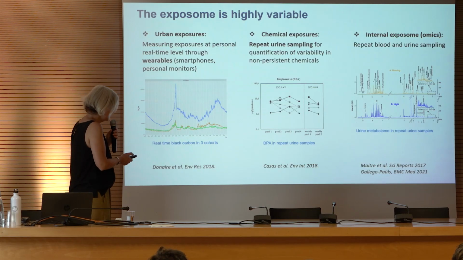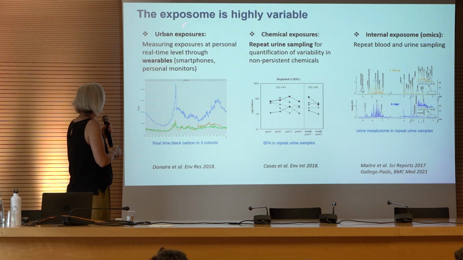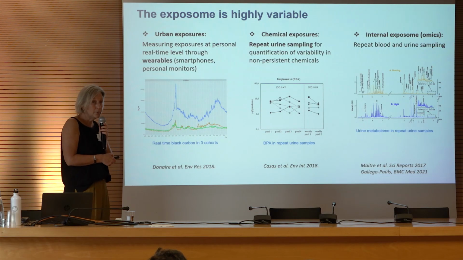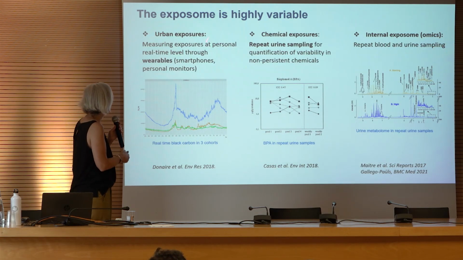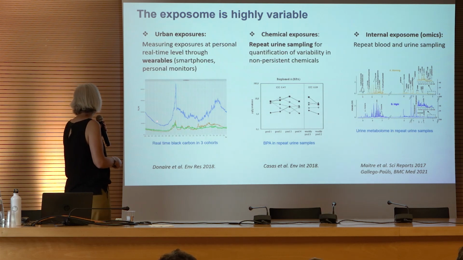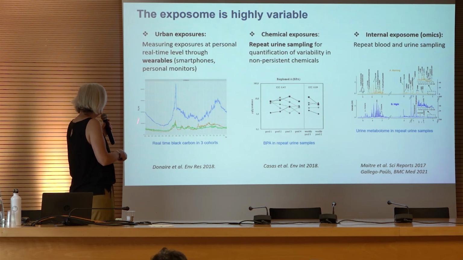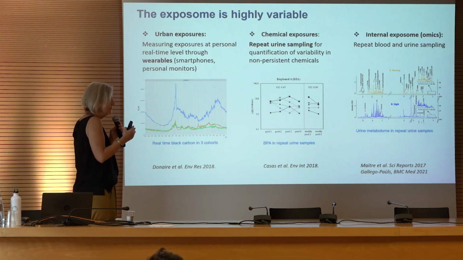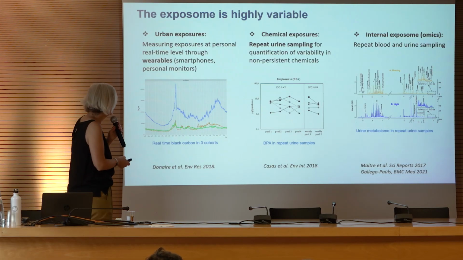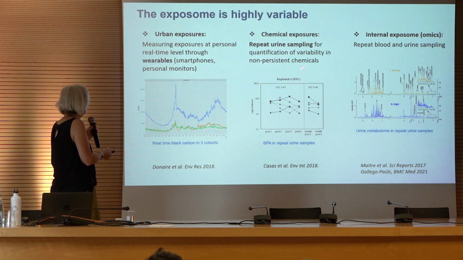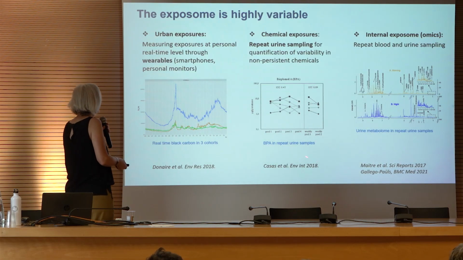A second feature, which is also not surprising, is that it's highly variable in time. So the temporal variation of all these different exposures that we measured, yeah, there's a lot of variability. We did that by giving people daily personal monitors and asking them to collect daily urine samples to really go into trying to quantify the temporal variation.